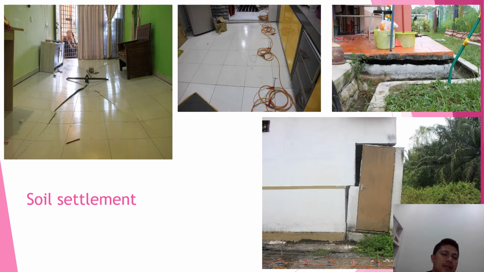And then this is the main hall, or what they call ruang tamu. So you can see the shape of this tile almost boom. All right, so maybe we can advise them to move to another house lah.